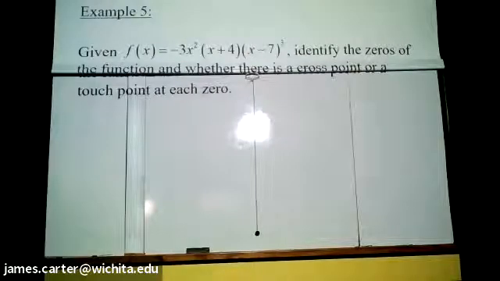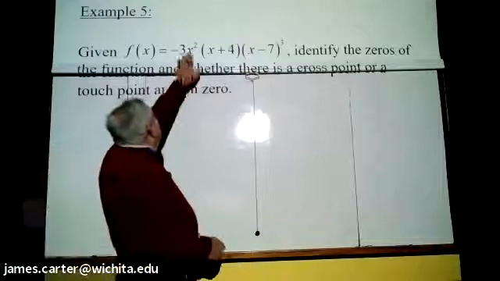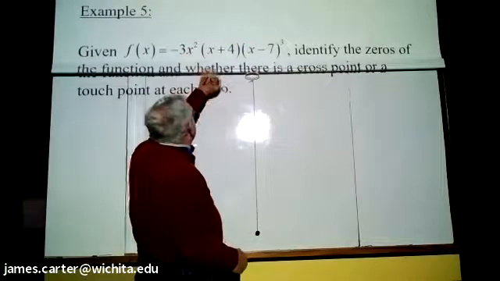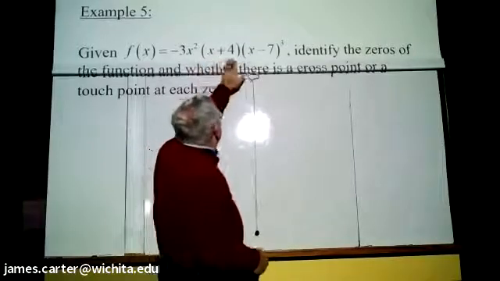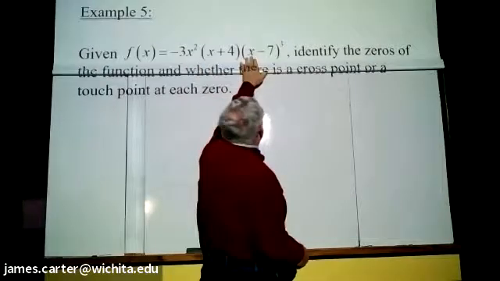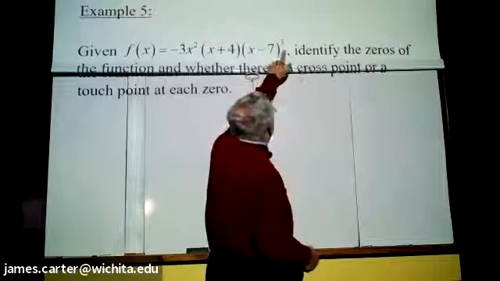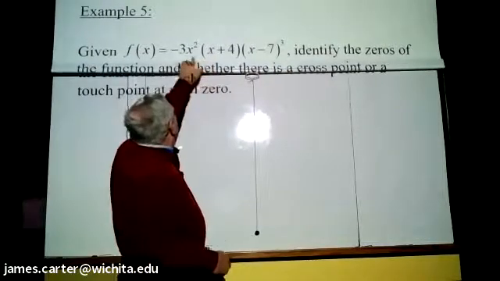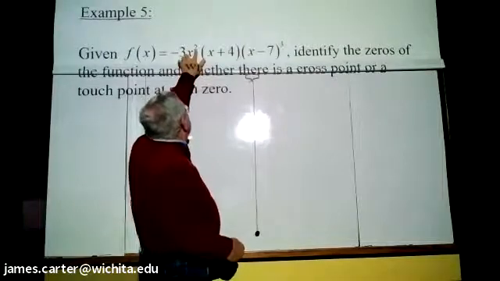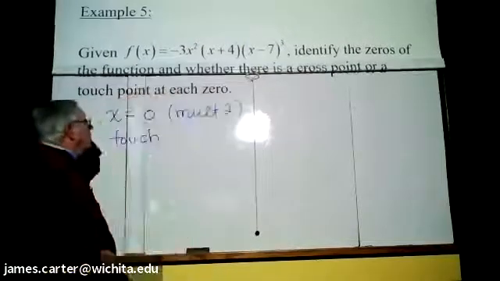Okay, we've got a factored equation this time. This is going to give me a 0. That's going to give me a negative 4. That's going to give me a positive 7 with a crossing, crossing, touch and go at the 0.